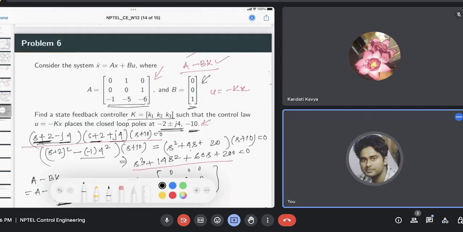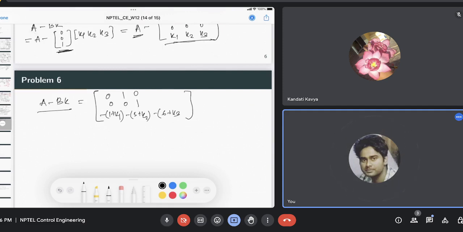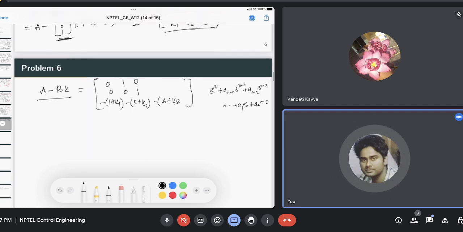If you recollect, if your characteristic equation is s to the n plus a(n-1) s to the (n-1) and so on, plus a1 s plus a0 equal to 0, then in the controllable canonical form the A matrix will be all 0s, then 0 0 1 and so on.